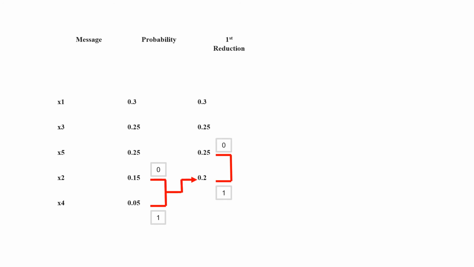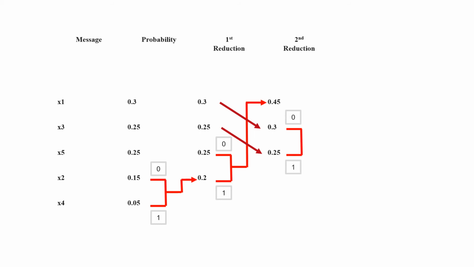For the second reduction, again we add the last two probabilities 0.25 and 0.2. Now the total comes to 0.45. As per the procedure, it has to be kept at the top as it has more probability compared to 0.3 and 0.25. Now again we combine the last two probabilities 0.3 and 0.25, which are assigned the codes 0 and 1 respectively.